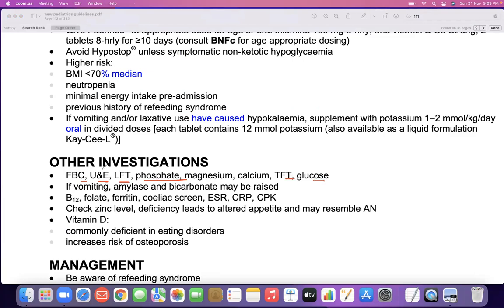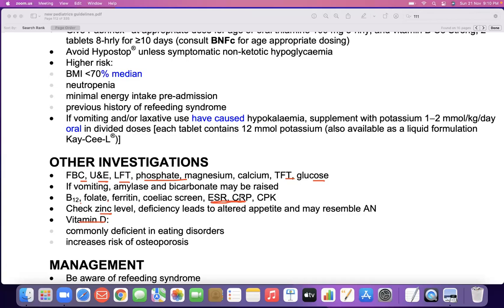Okay. Then, as you said, amylase and bicarbonate, and we have to do vitamins here, very important. Vitamin D, vitamin B12, folate, ferritin level, and also zinc level is very important. This I categorize in vitamins. ESR, CRP, I think mostly to rule out IBD, maybe, right?